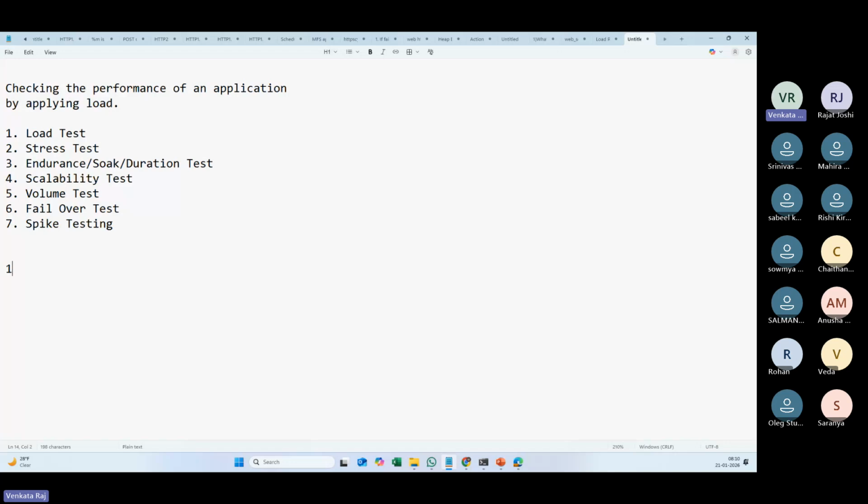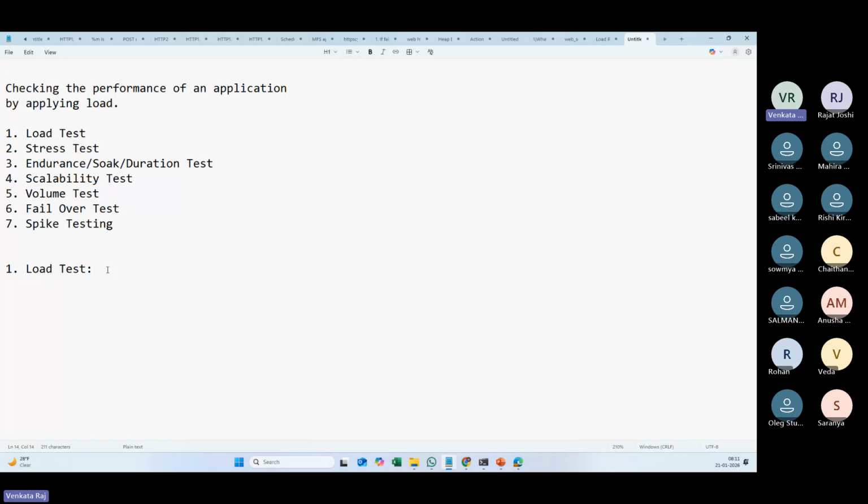So first one is a load test. If you want to analyze the performance of an application, the first test that we generally do on any sort of application is a load test. So what exactly is a load test? What exactly is it doing?